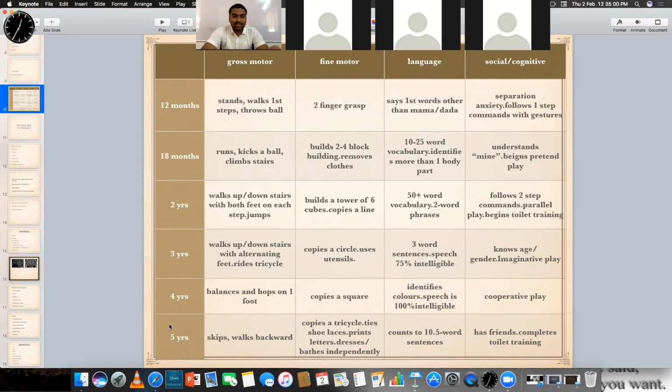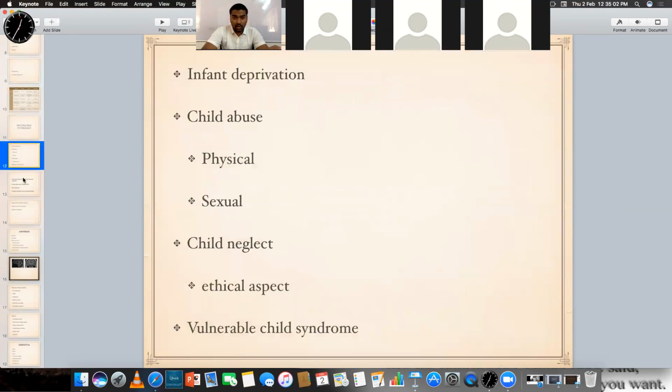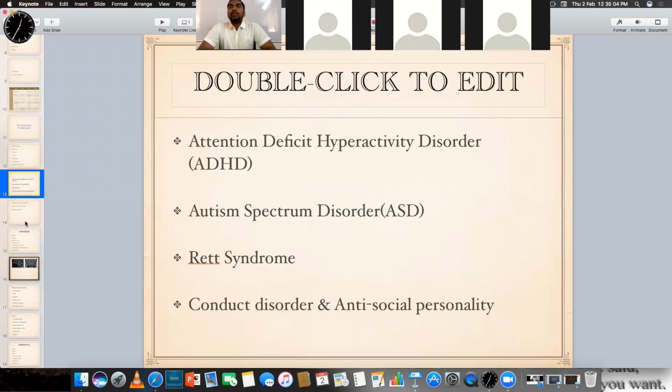These kids who are autistic don't actually have all these things. They don't have the social development, so they can't make relationships. Their social capabilities are stagnant. They don't grow in that aspect. So these are autistic children.